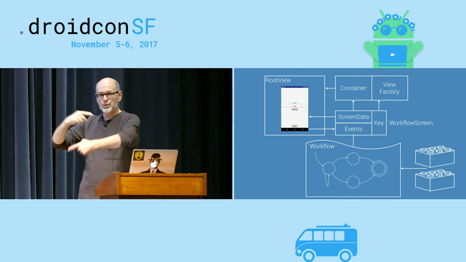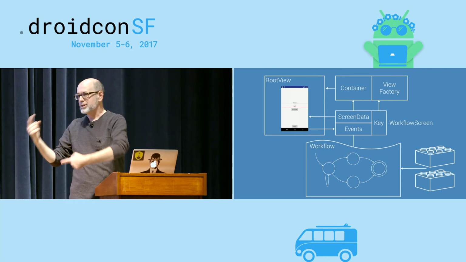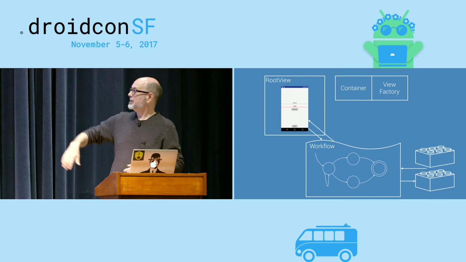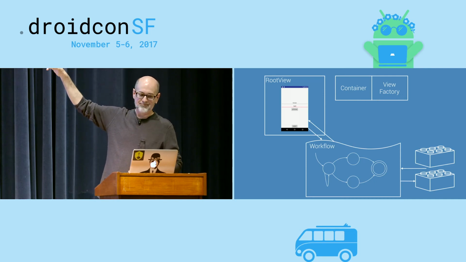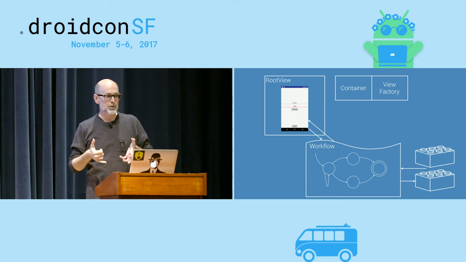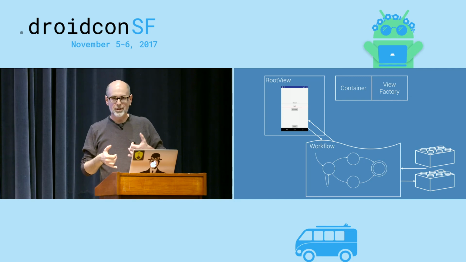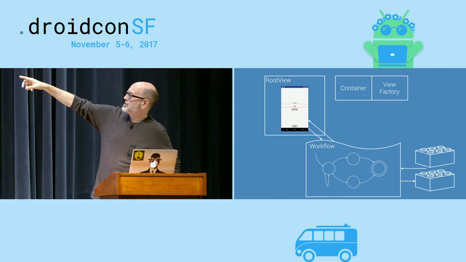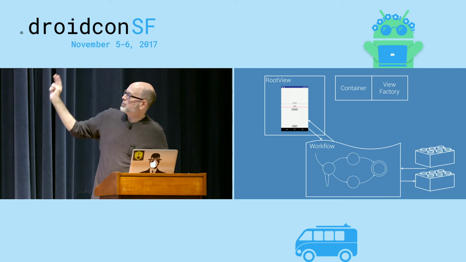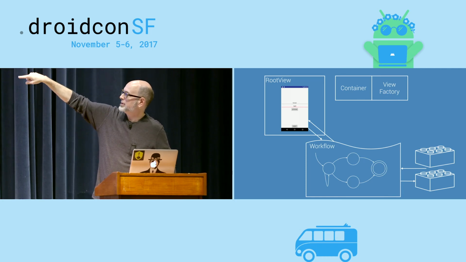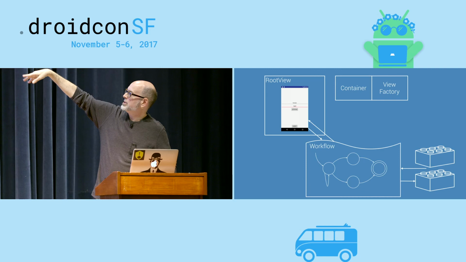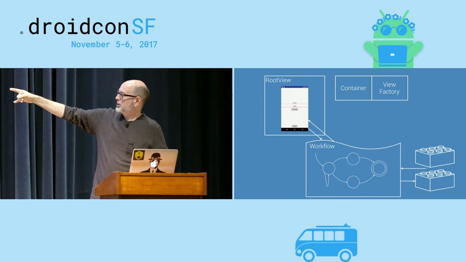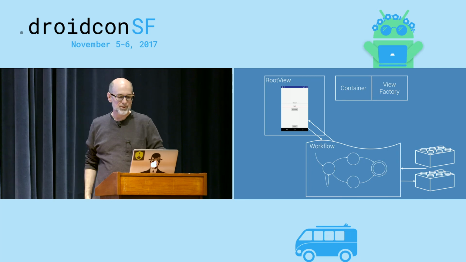So we have a nice circular update flow, Redux style, Flux style, whatever you want to call it, but we're still Android developers. And really, that screen data isn't there very long. It's not doing any work. It really is just a tuple, another object that defines a few things. The actual linkage is screen data to render coming out of the workflow and events coming out of the view back into the workflow through whatever particular interface is appropriate at the moment.